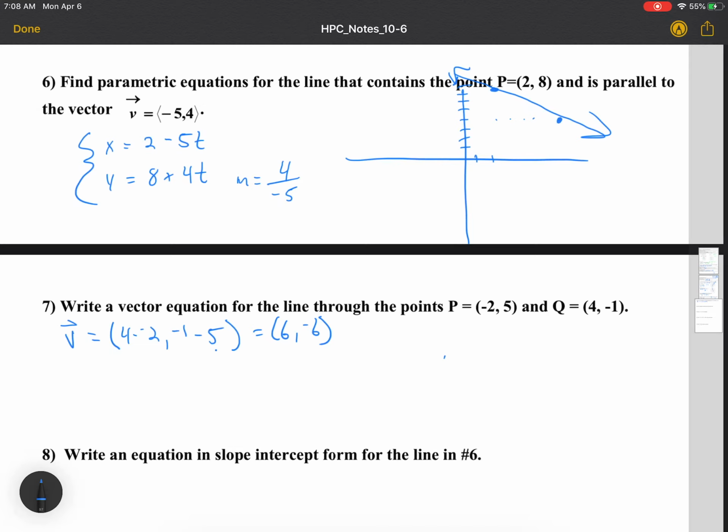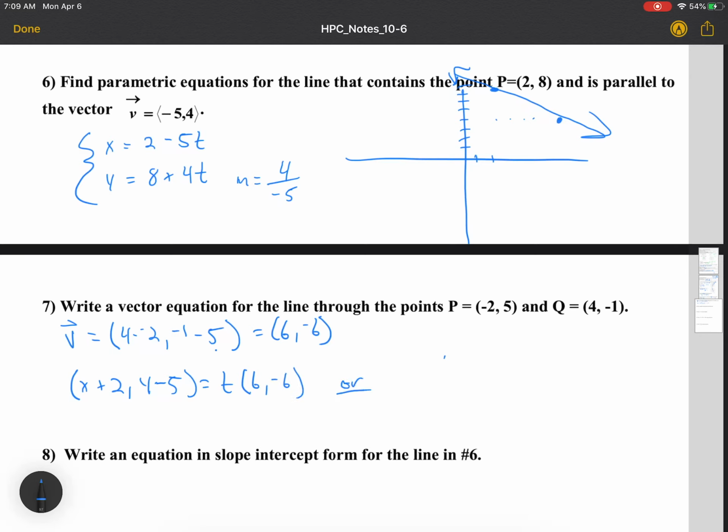So now we have our vector and a point. We could use either point, really. It does not matter which point you use because both points are on the line. So I'll draw them for both. We could have the -2, 5 point, which looks like this. Our vectors are always going to be the same.